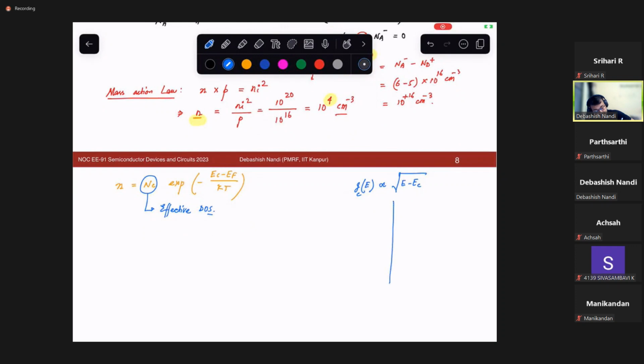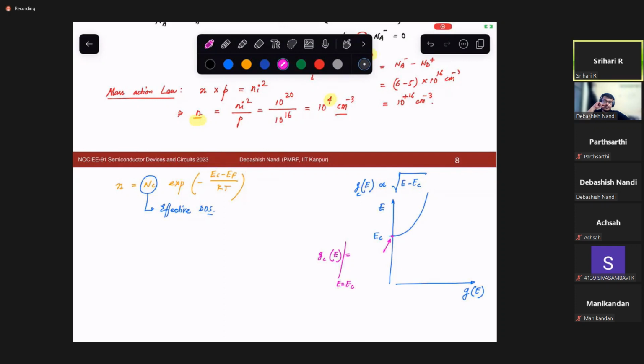If I plot your G of E on this scale and energy on this scale, and this is your EC, it will be like a parabola. If I ask you what is the density of states for electrons at the conduction band edge, at E equal to EC, what will be your answer? 0. Right, it will be 0, remember that.